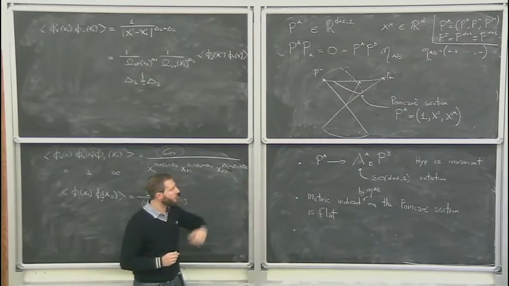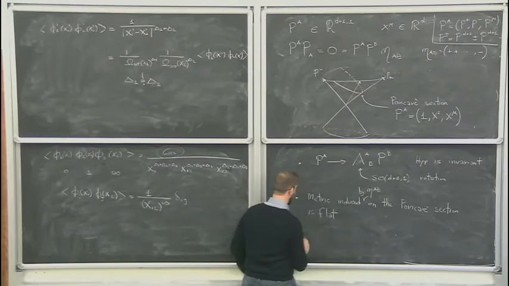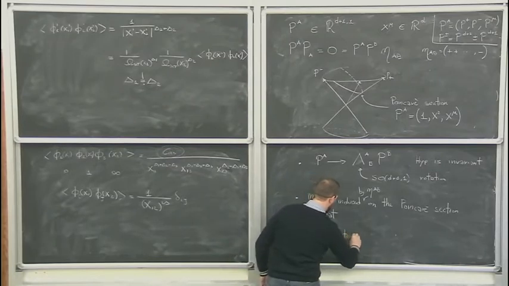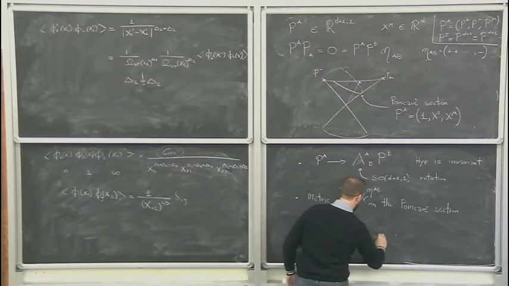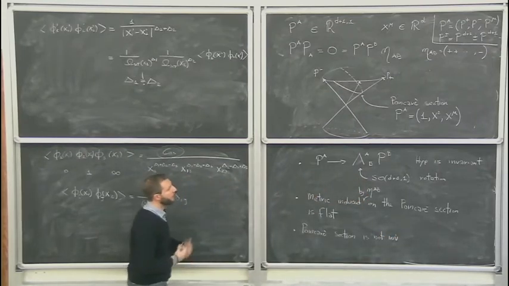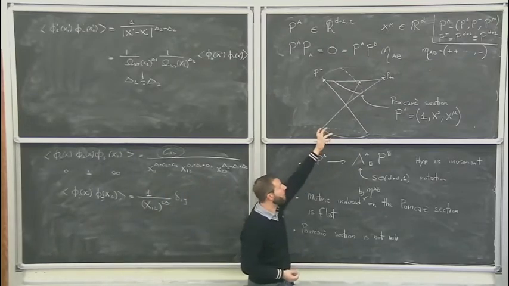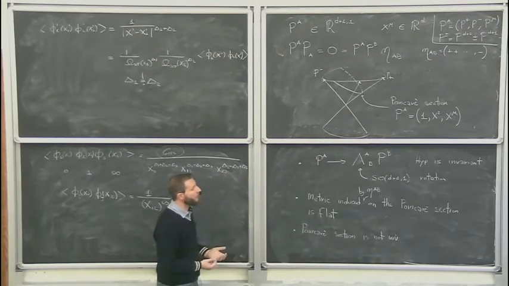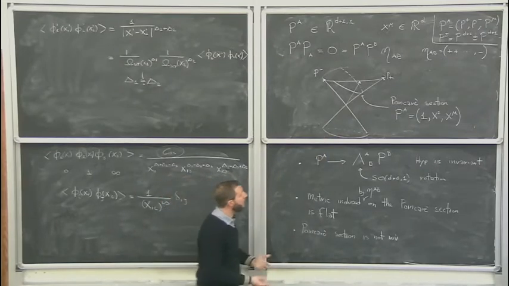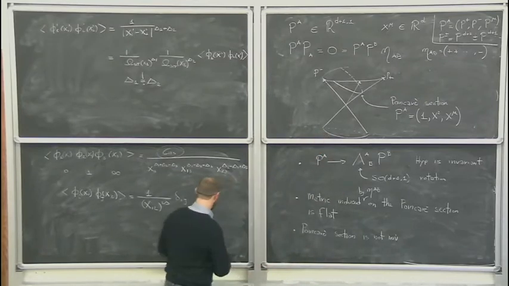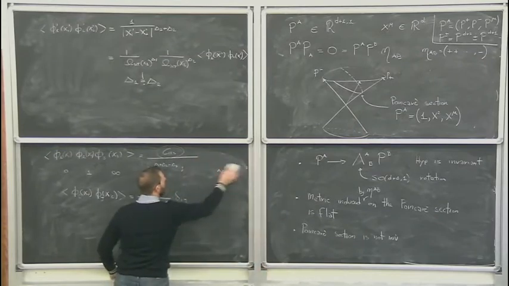Unfortunately, the Poincaré section is not invariant under this transformation. But the Poincaré section was just a parameterization of the space of rays in this hyperboloid. So even if it's not invariant, we can rescale the vector that we obtain by acting with the transformation to go back to the Poincaré section.